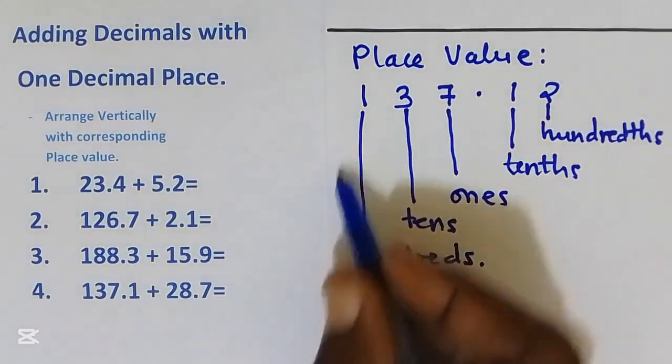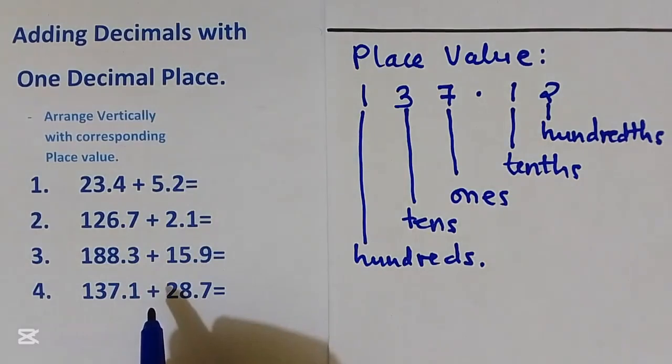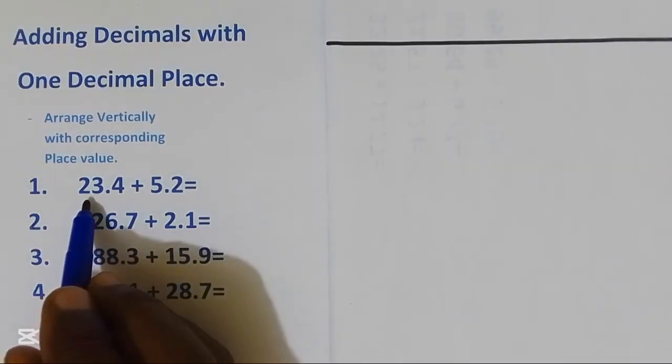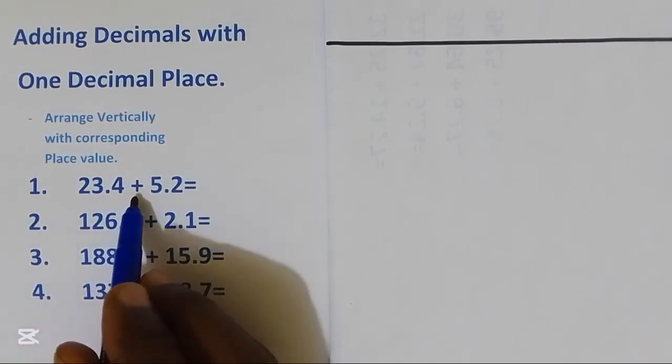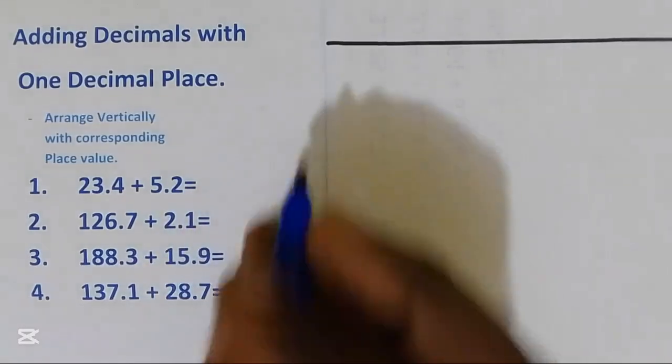Knowing these place values, it is basic to adding these decimal numbers. Let us do question number 1. We have 23.4 plus 5.2. So let us arrange it vertically with its corresponding place values.